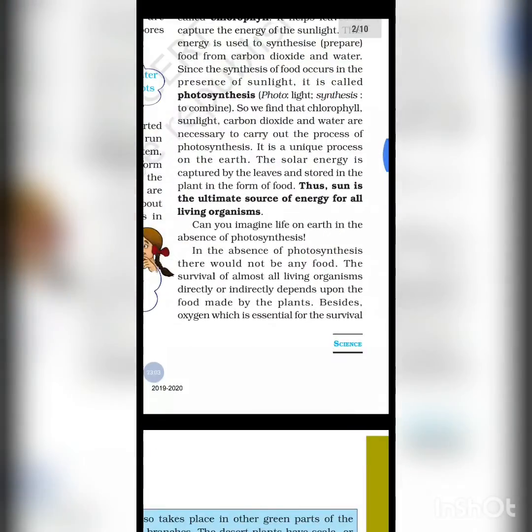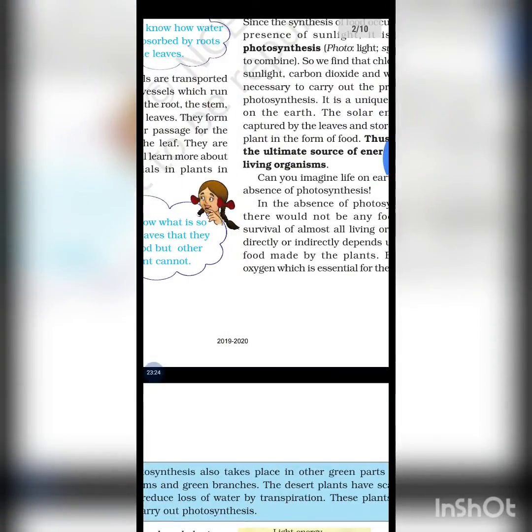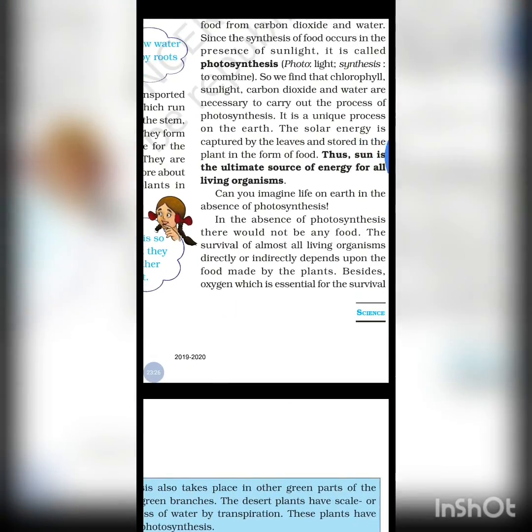Here it is said that if photosynthesis were not there, we would not be able to survive, because through photosynthesis oxygen is produced, and carrot, radish and other vegetables and fruits are produced. So life would be impossible in the absence of photosynthesis.